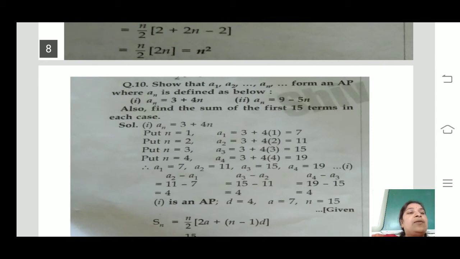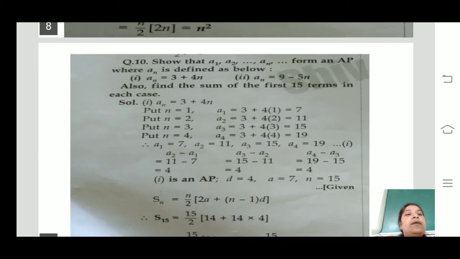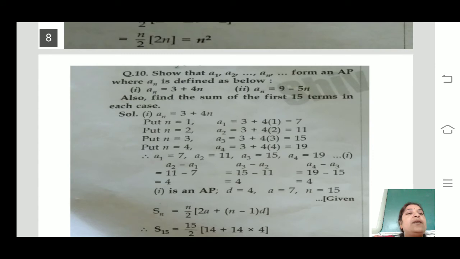The second term can be calculated simply by substituting n equals to 2, that is 11. Find a3, that is 15. a4, that is 19. Now, find what is asked: show that it is an AP. How will this sequence be an AP? If we are getting a common difference.